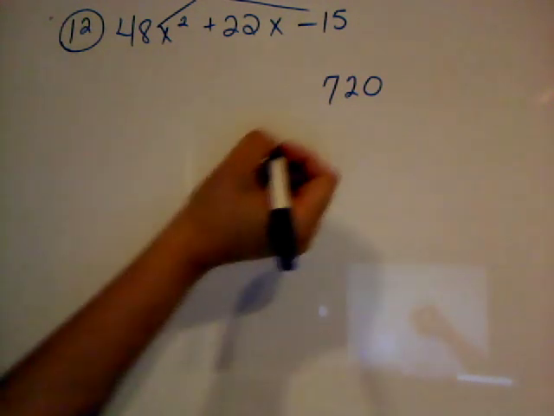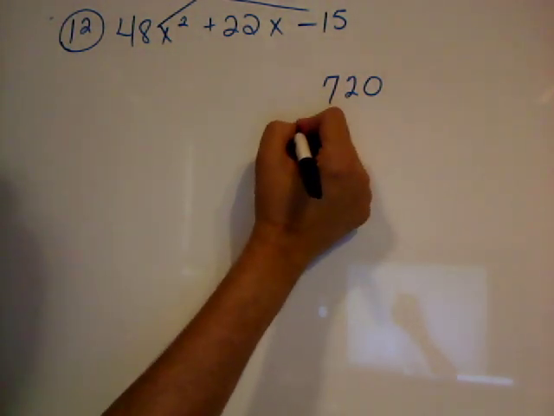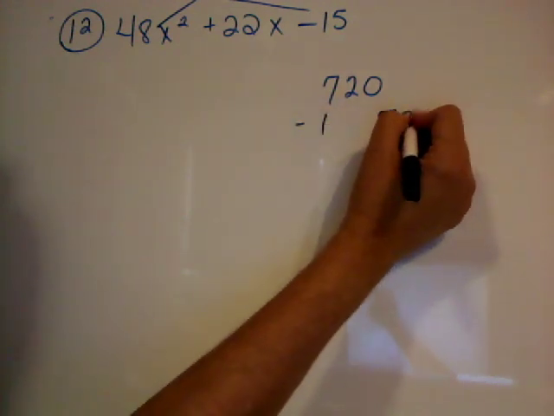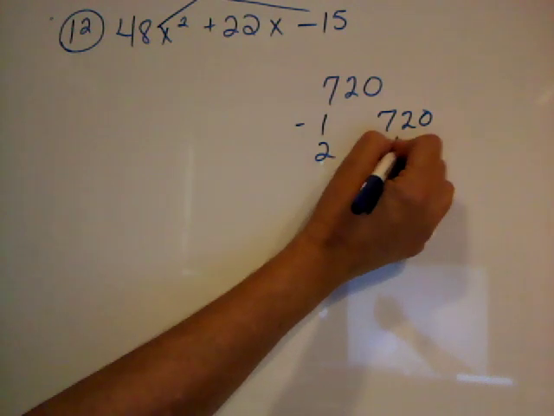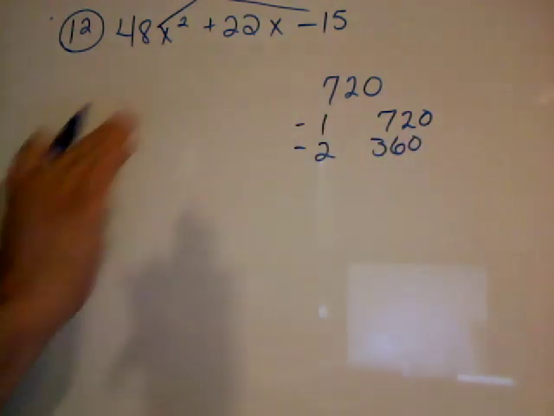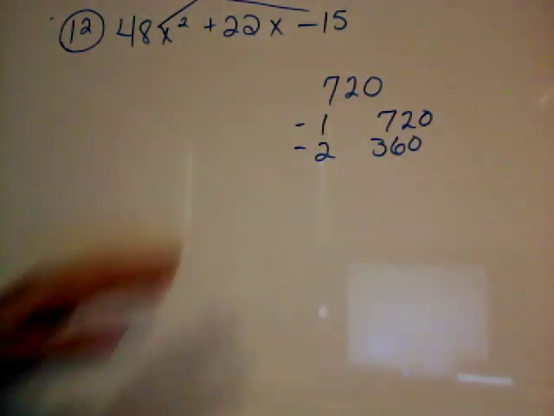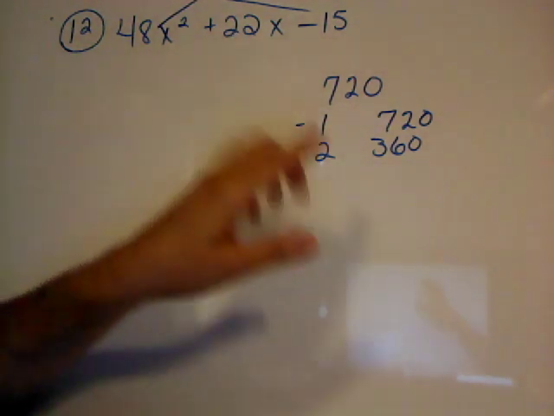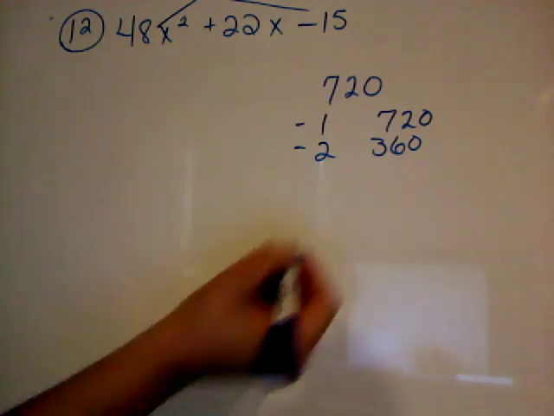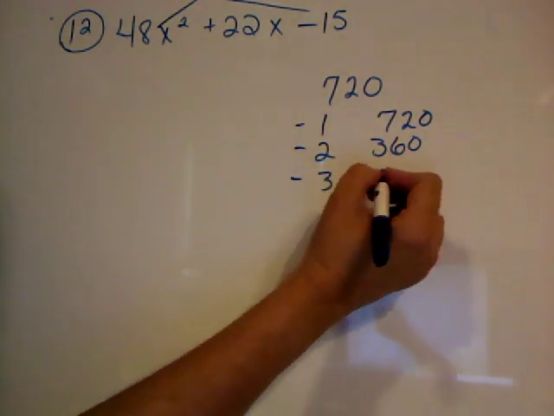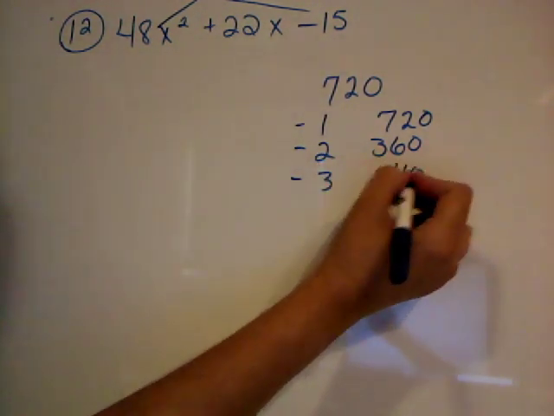I know that my small numbers need to be the negative numbers. So we have 1 and 720. Can also get a 2 and 360, and I'm just going to list them until we get down to some numbers that even look like they're going to give us 22, because 720 minus 1 is not going to give us 22. So if I divide it by 3, I get 240.